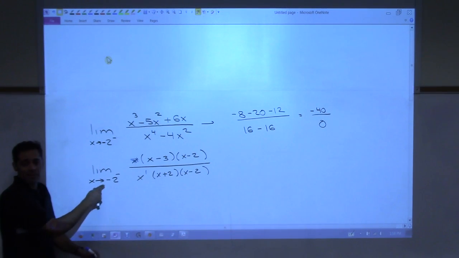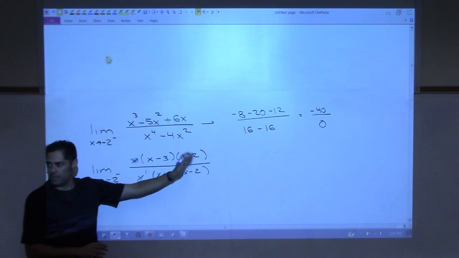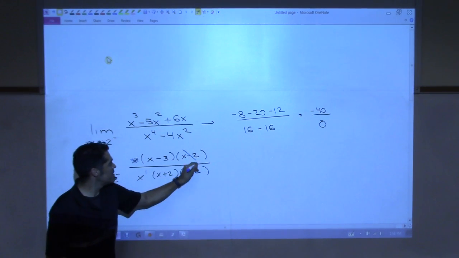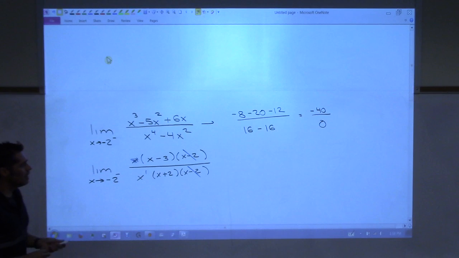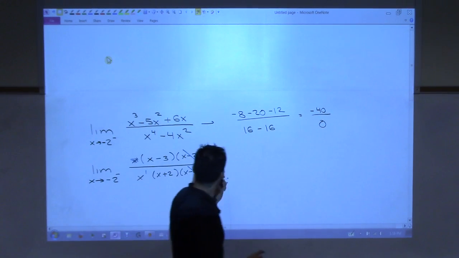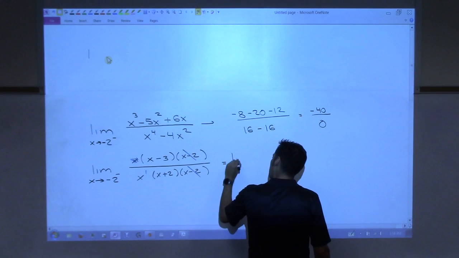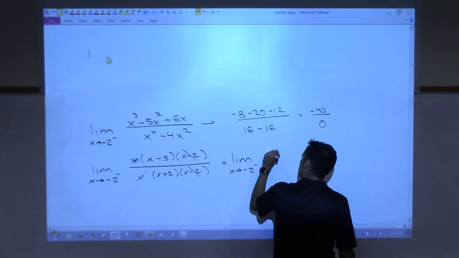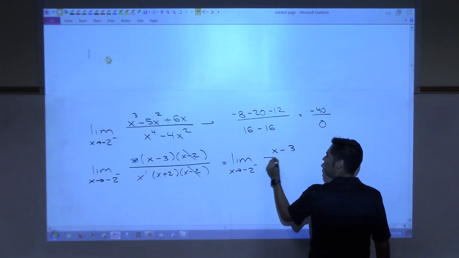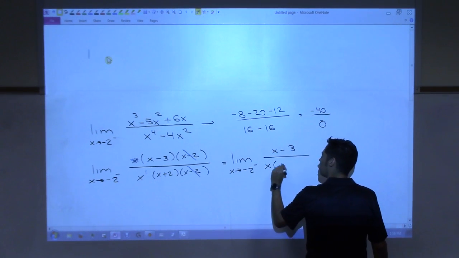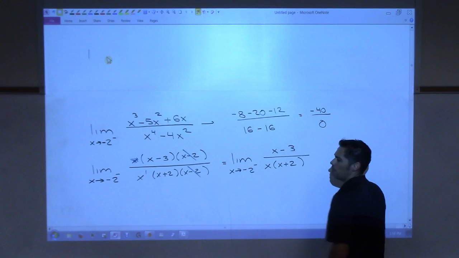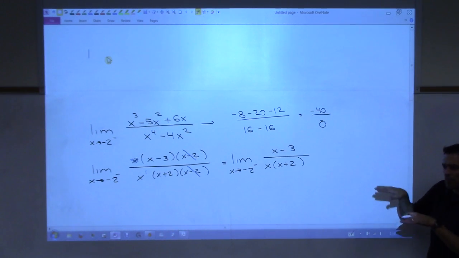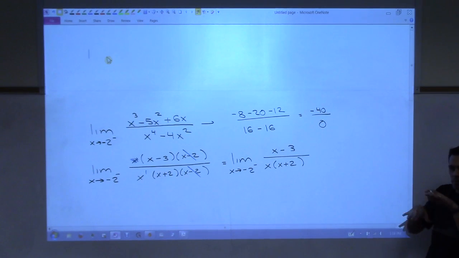I'm going towards negative 2, so I'm not even near where this would potentially have a problem, so I can cancel that factor. And all you're left with is x minus 3 over x times x plus 2. Keep in mind, I only did this to just clean it up a little bit. I did not have to do this. It's a little easier to plug in right now and figure out what's happening with the signs.